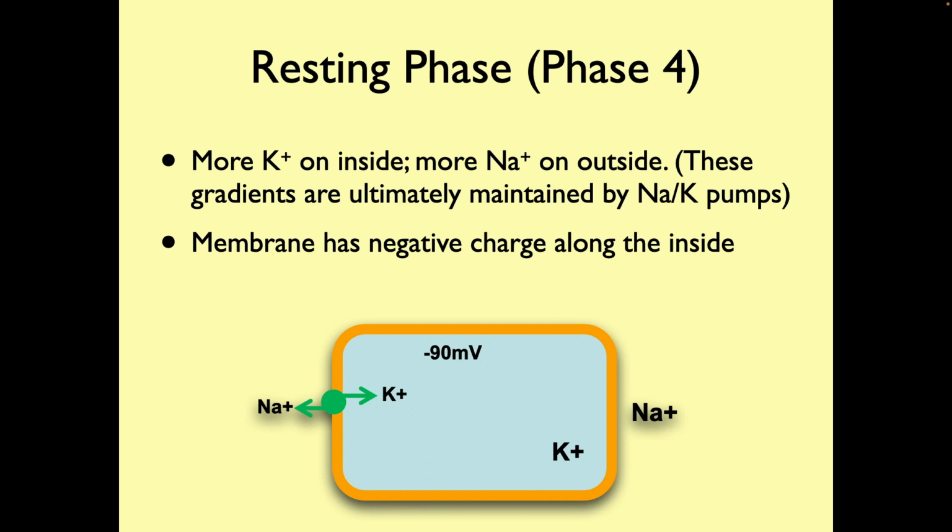That's typical for a ventricular cell, but I don't care about numbers, just concept. So on this slide, there are two things you need to know. At resting potential, more potassium on the inside, more sodium on the outside. In terms of electrical charge, more negative on the inside, more positive on the outside. That's what you need to know.